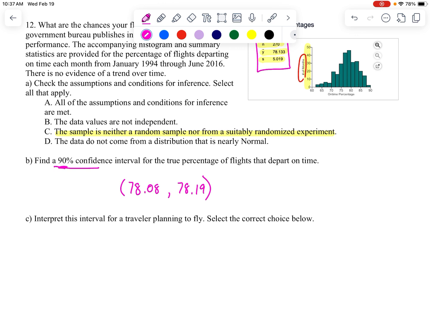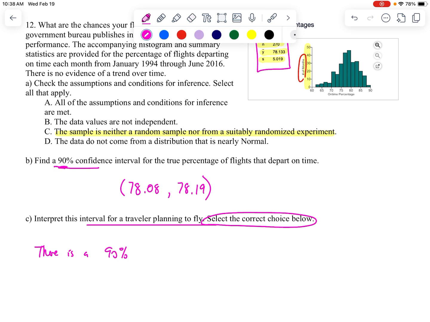And lastly, interpret the interval for planning to fly. Select the correct choice below. Again, I forgot to take that out, and all the way through this, you are just selecting. That answer is, there is a 95% chance, actually, not 95, ours is 90.